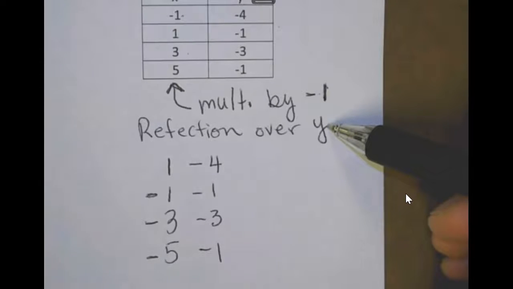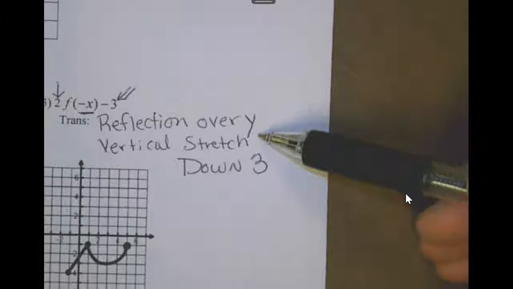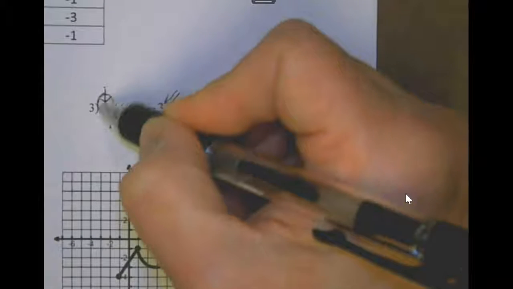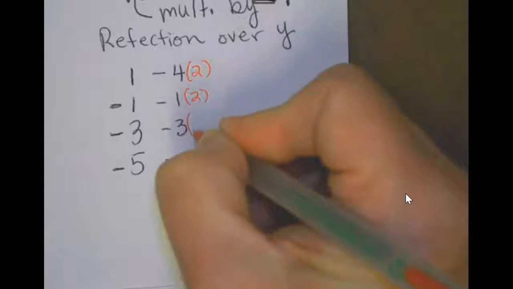Okay, our second transformation is a vertical stretch. Vertical is which direction? X or Y? Y. So I'm going to multiply this number by my Y column.